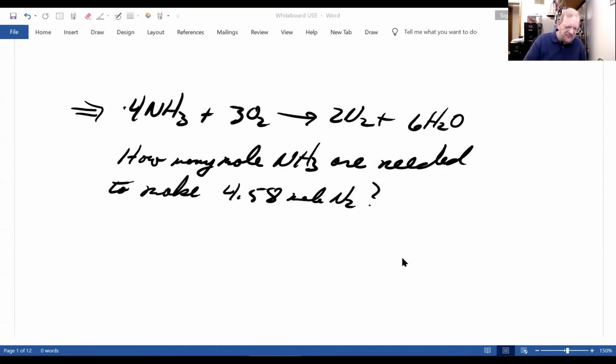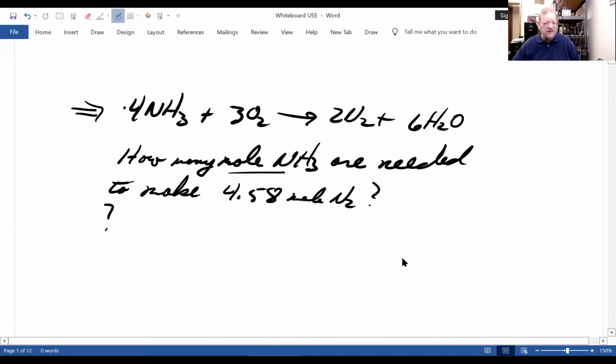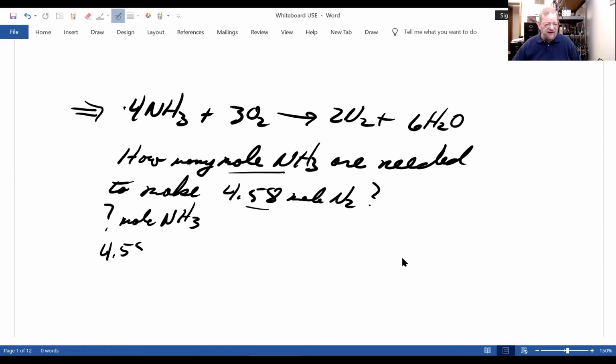Let's do this. So the question is, what are we trying to find? How many moles of ammonia? Ammonia is NH3. And what are we given? We're trying to make 4.58 moles of nitrogen. Well, this is the only thing we have to work with.